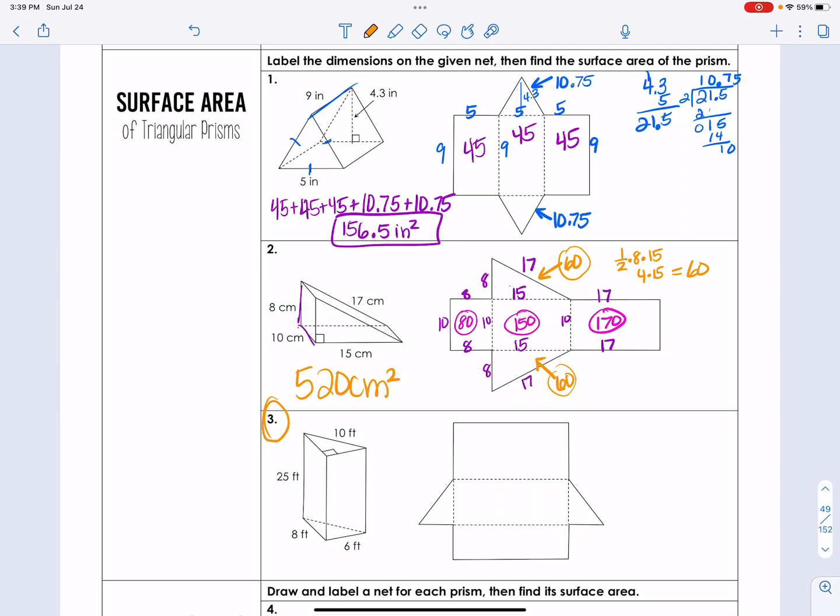So on number 3, the triangle itself is, what's the height in between? The slant is 10, and it looks like this is longer, so 8 and 6, which would make this 6 and 6, and this 10 and 10, and the distance between all of these is 25.